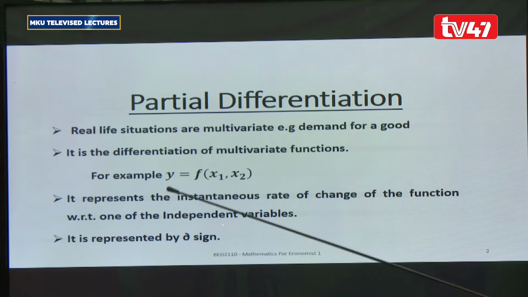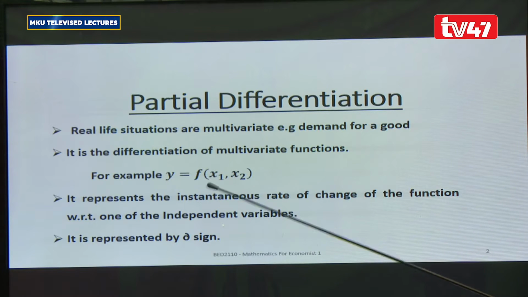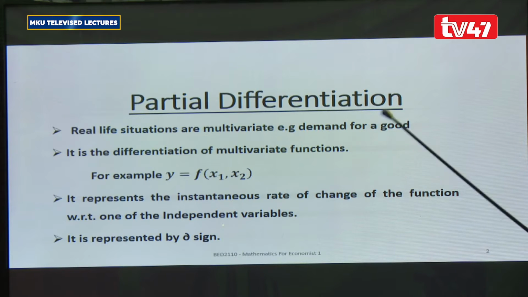For example, the partial effect of x1 on the dependent variable y. Unlike what we considered in our previous topic, the univariate, where a function had only one independent variable, in this case our function has more than one independent variable, and therefore we have to consider the effect of each of the independent variables on the dependent variable.